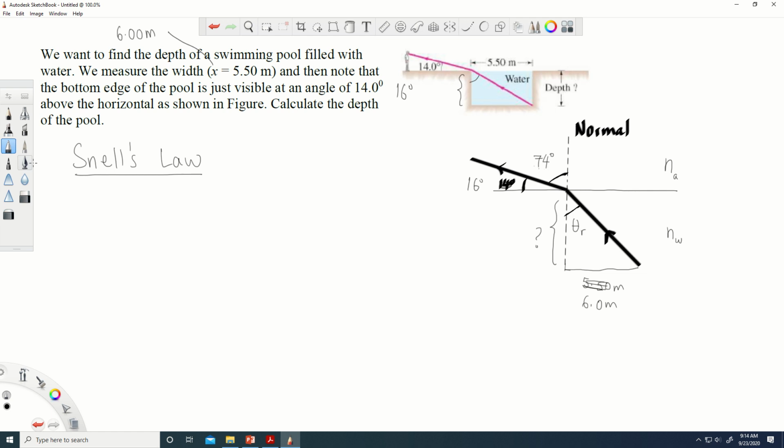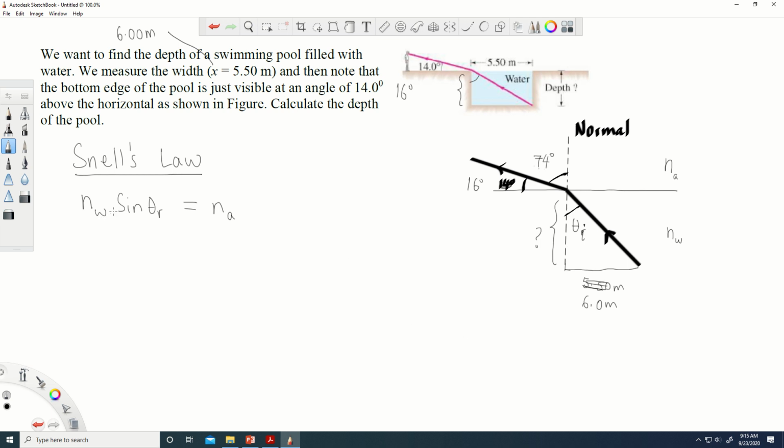Okay. So Snell's law is refractive index of water, sine of the angle in water, which is theta r, equals refractive index of air, sorry, I should write this theta I, because that's the incident ray. You can write theta 1, it's just using subscripts.